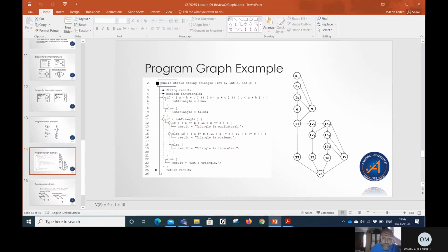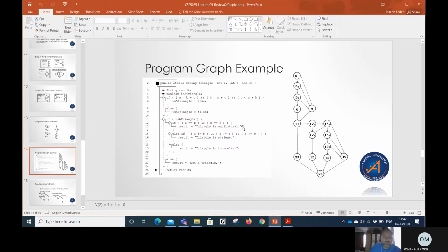Right, two ways it ends up in the else, one way it ends up true. Same thing with line 15, multiple possible ways that this could go. Notice that we all end up here at line 25. We always end up here at line 25.